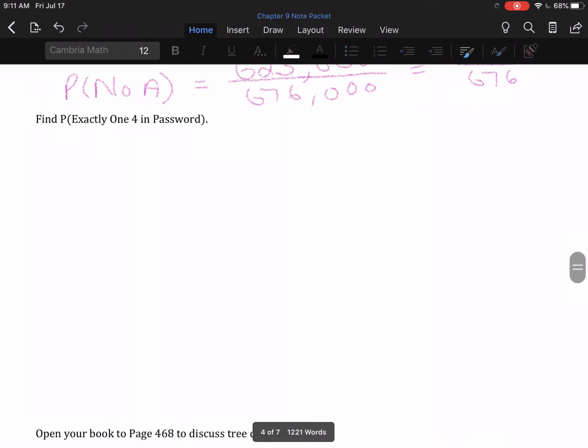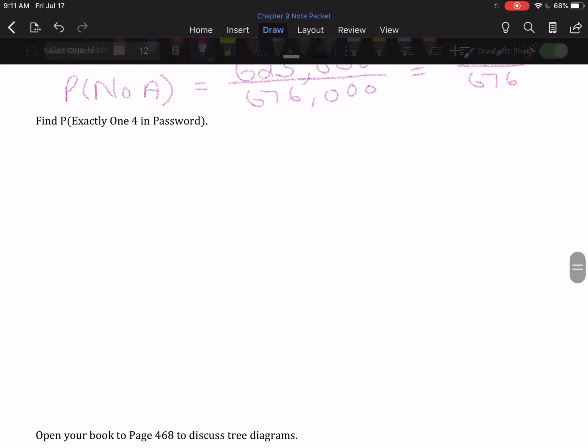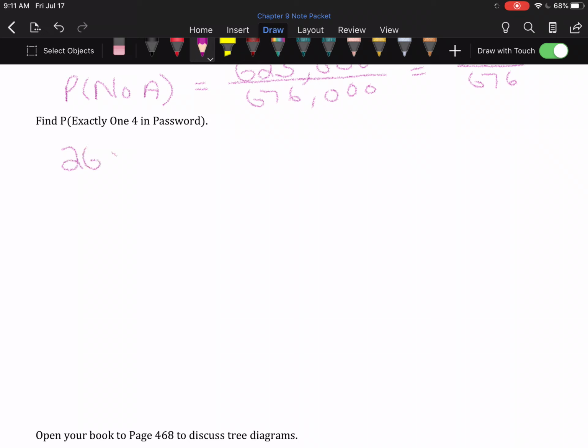Probability that there's exactly one 4. Well, there are 3 spots for numbers. The probability that one of them is a 4. Okay, so there are 26 possibilities for the letters. That hasn't changed.